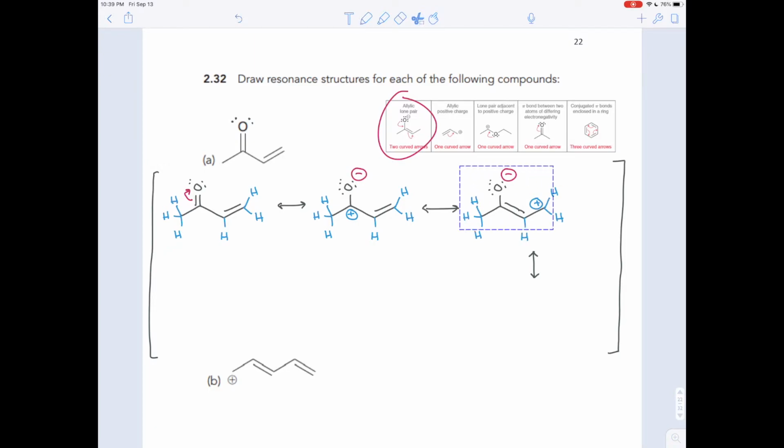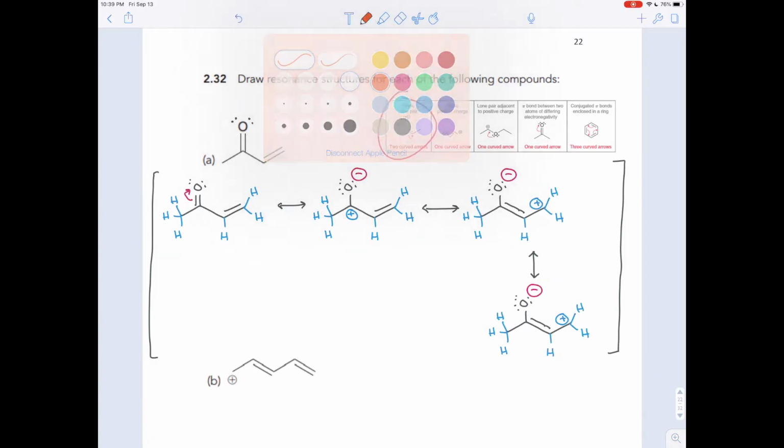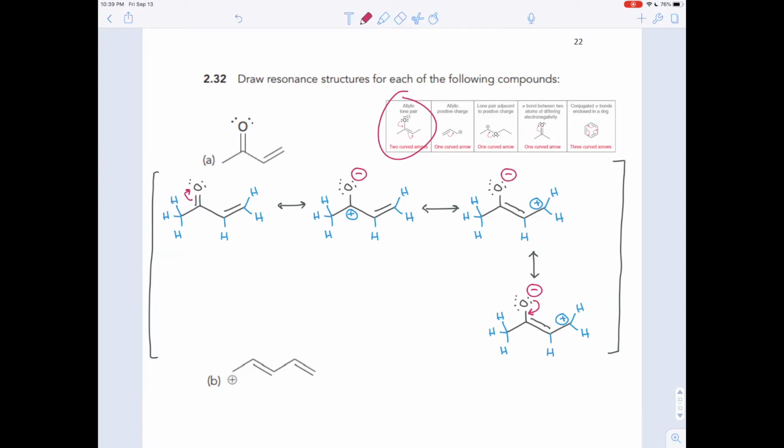You can copy the molecule. And so the curved arrow pattern that goes with that is that the allylic lone pair goes to form a pi bond toward the double bond, and the double bond goes to form a lone pair on the atom in the double bond away from the allylic lone pair.